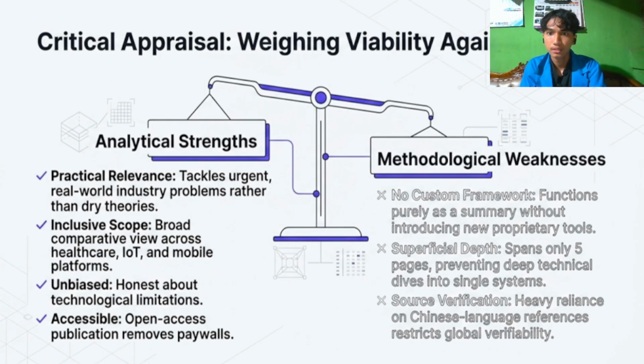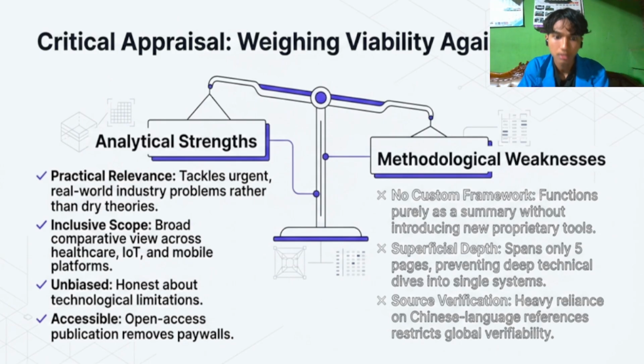On the other hand, the methodological weaknesses are: no custom framework, functions purely as a summary without introducing new proprietary tools. Superficial depth, spans only 5 pages, preventing deep technical dives into single systems. And three, source verification.